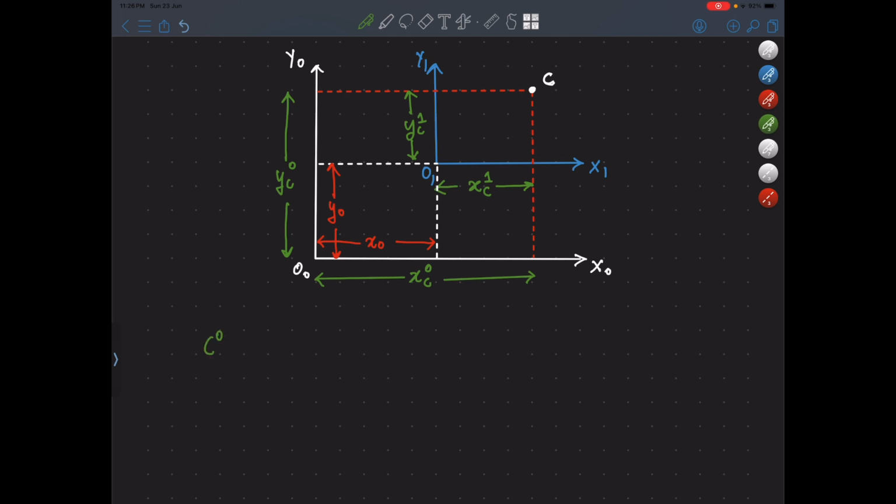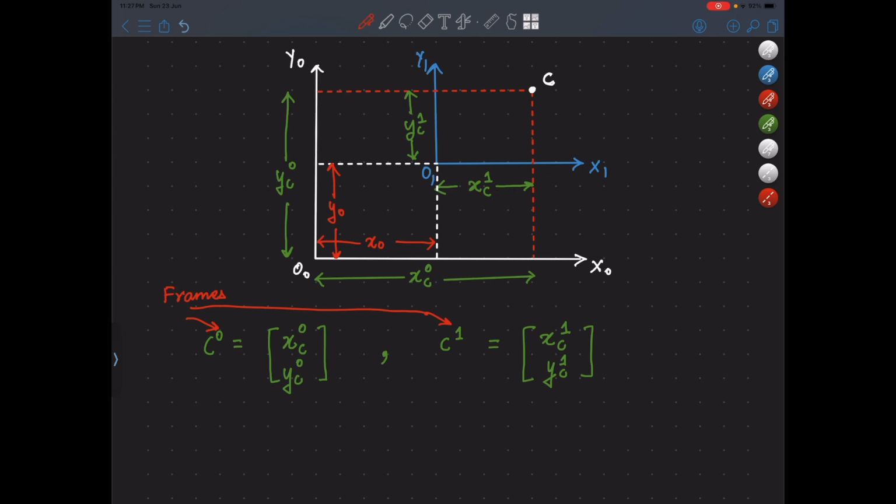What is C naught? C naught is given by xc0 and yc0, correct? What is the coordinate of C with respect to frame 1? This is given by xc1, yc1, correct? So the superscripts represent the frames.